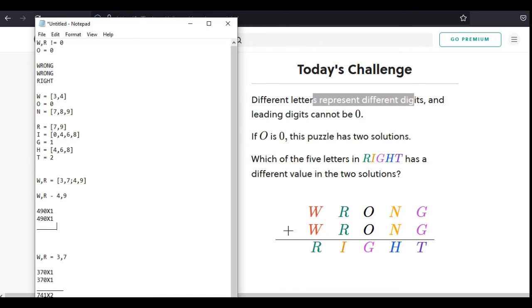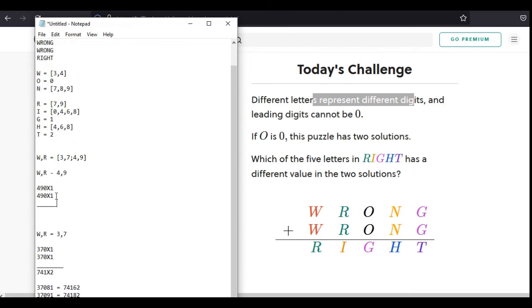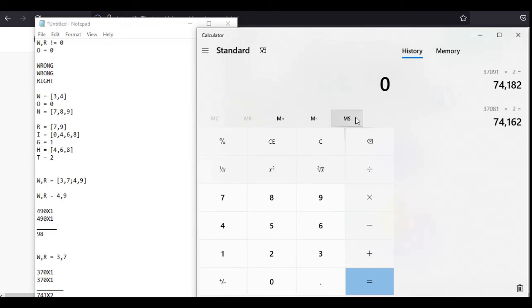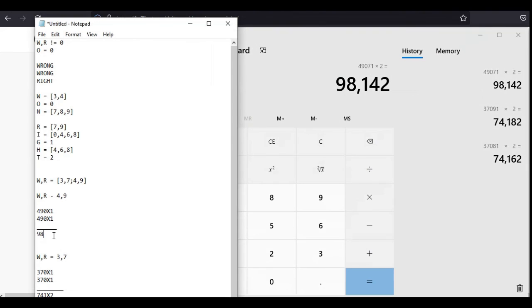What would be the sum of these two? So what could x be? Here it is n. N is 7, 8 or 9. So 49, 49 would be 98 something. So if x is 7, 49071 into 2 is 98142.